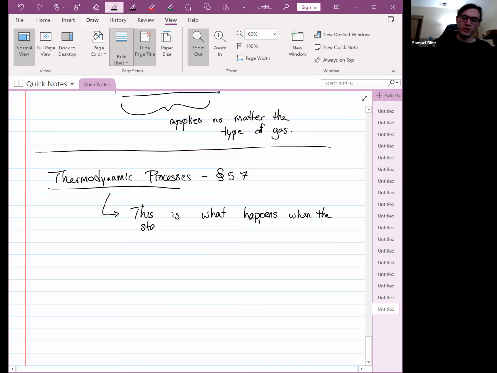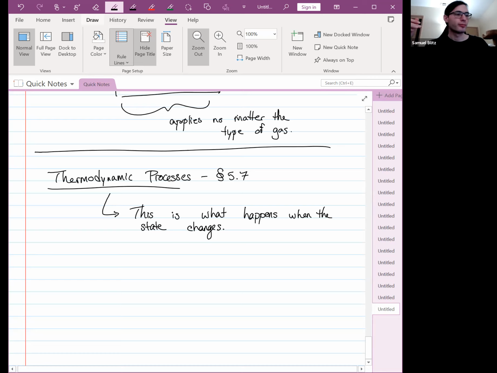When I say the state changes, what that really means is at least one state variable changes, but it's still the same system. Maybe you have a system in one state with this much pressure, that much volume, that many moles of gas, at that temperature. If some of those change, the process that it underwent to go from the first state to the second state is a thermodynamic process.